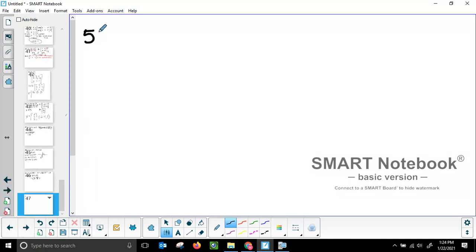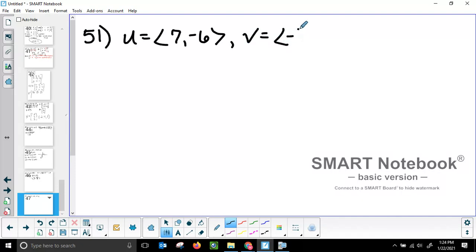51. All right, find the angle theta between the two vectors. U is equal to 7, -6, and V is equal to -3, -9.